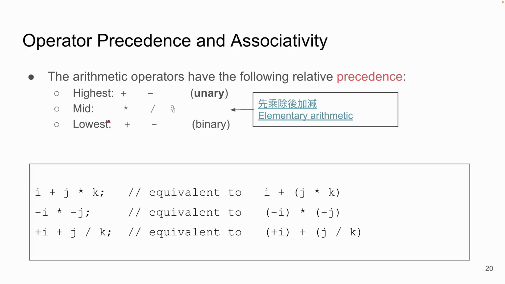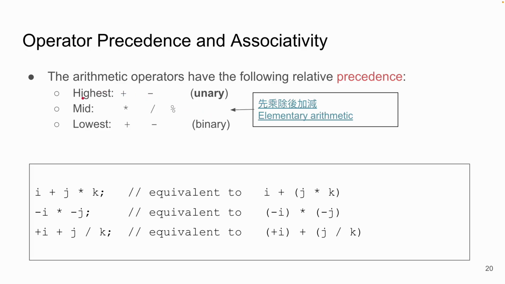So actually, you don't really need to remember. I think it is easy to remember because we need to calculate the multiplication and division and remainder before the addition and subtraction, right? And actually, this rule is the same as the rule we learned in elementary arithmetic, right? We always say that we need to 先乘除后加减. So that is also true when you use C to do this arithmetic calculation.